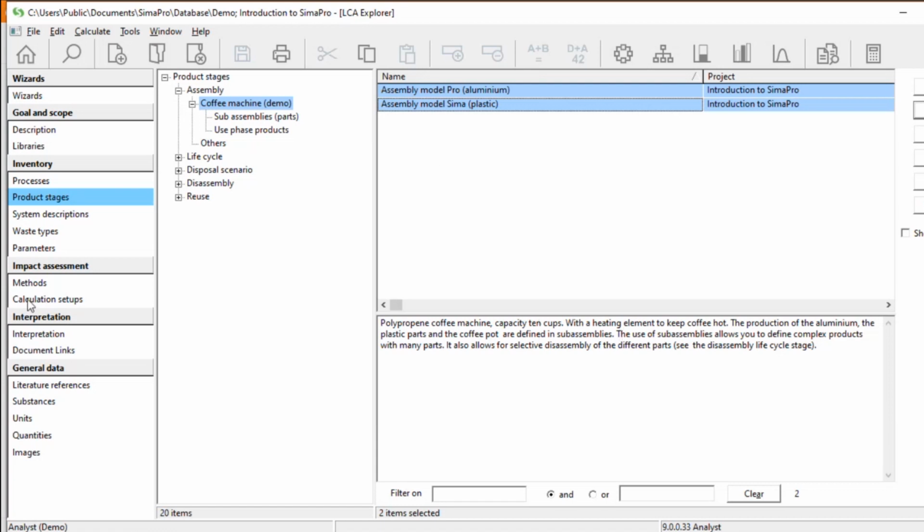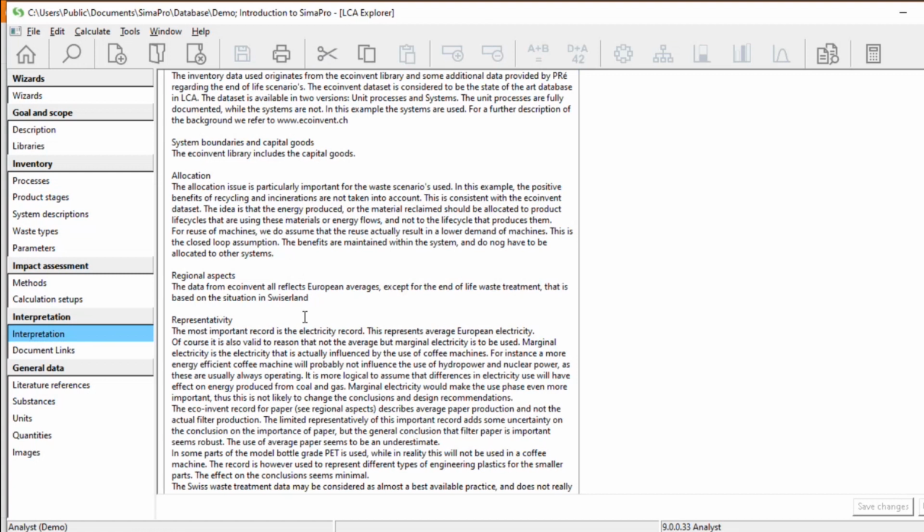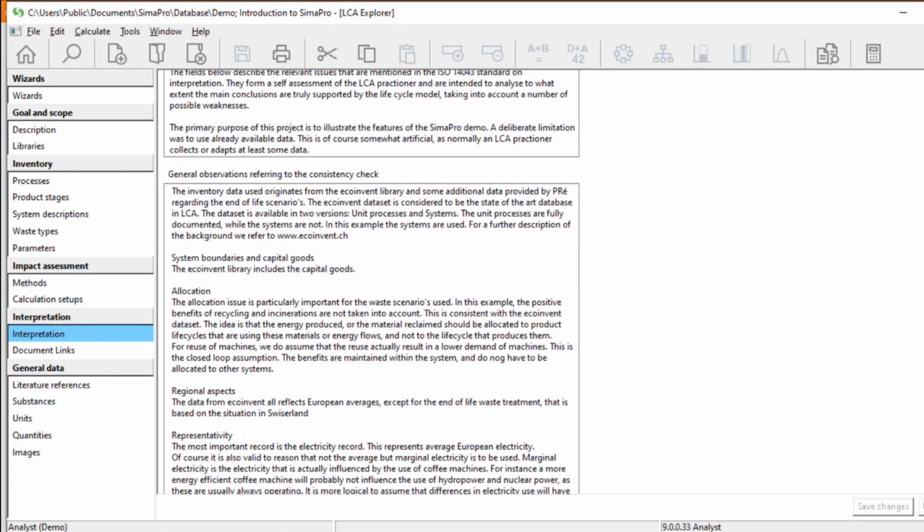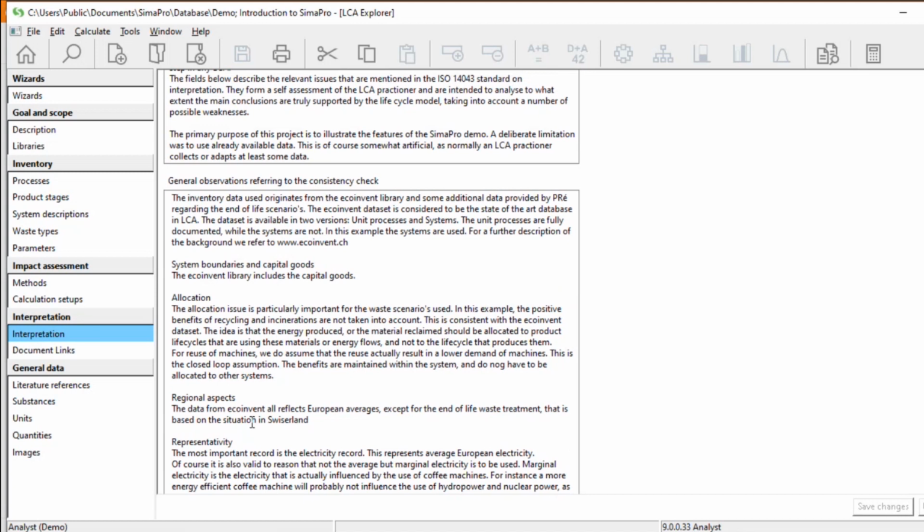In the interpretations, so this is the interpretation here. You can see the results, but in short, all these details are written here, what the results are.